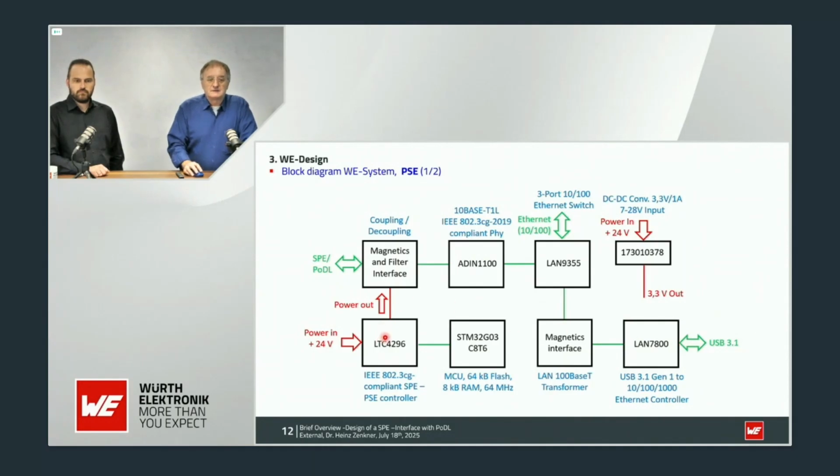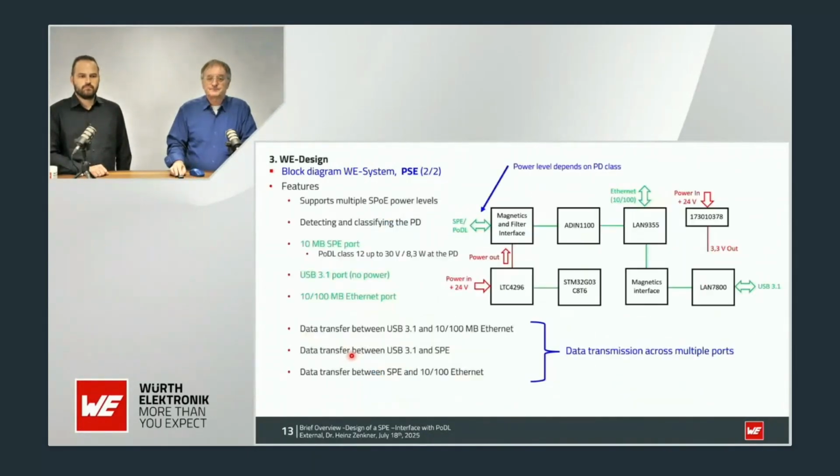Unfortunately, here we need also this MCU controlled SPE PSE controller. You need a little bit of firmware to give this controller a life and to fulfill the SCCP protocol by firmware. And we have here again the 24 volt power input.